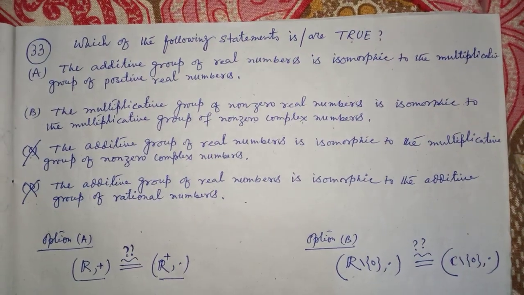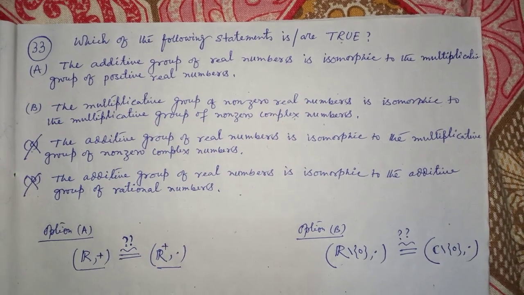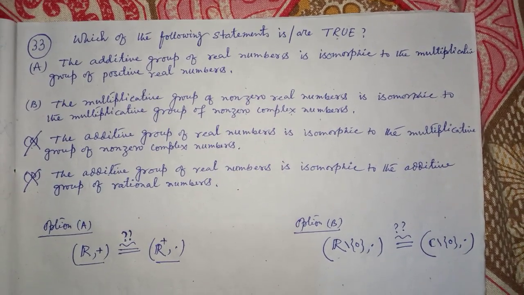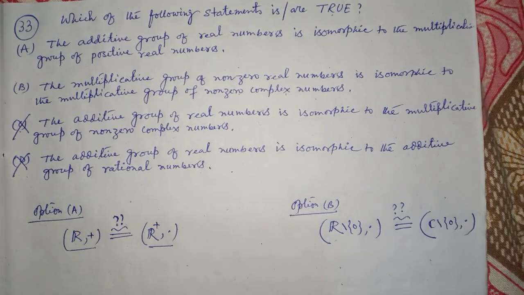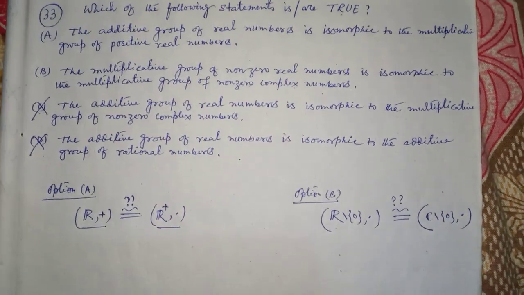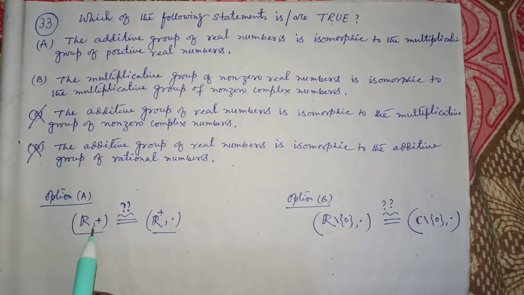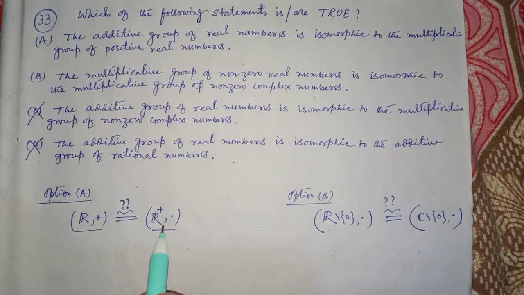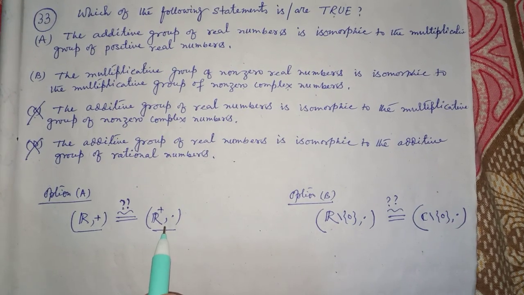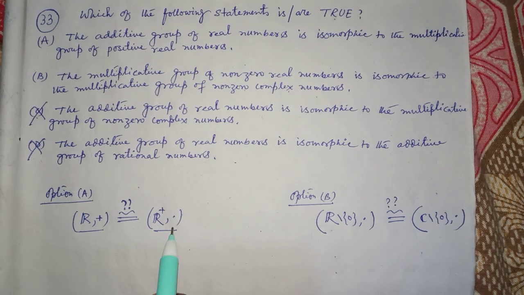Now we check option A and option B. Option A, the additive group of real numbers is isomorphic to the multiplicative group of positive real numbers.